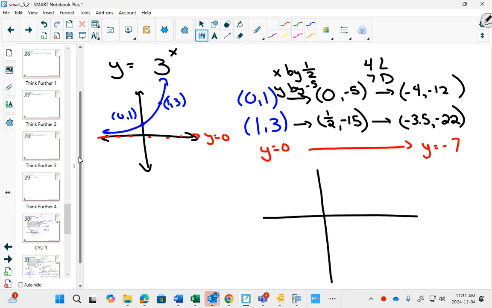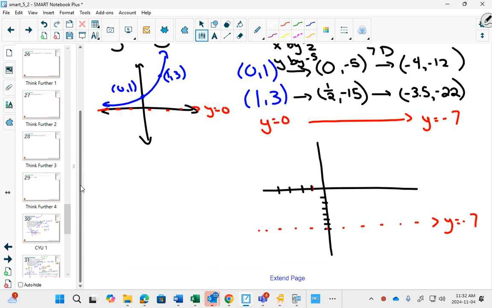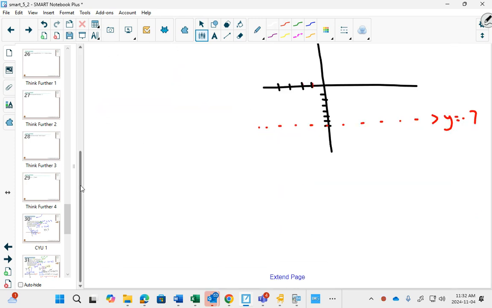So if I was graphing this one, 1, 2, 3, 4, 5, 6, 7. Oh my goodness. Y equals -7. Then I have the points -4, -12. Oh my goodness.